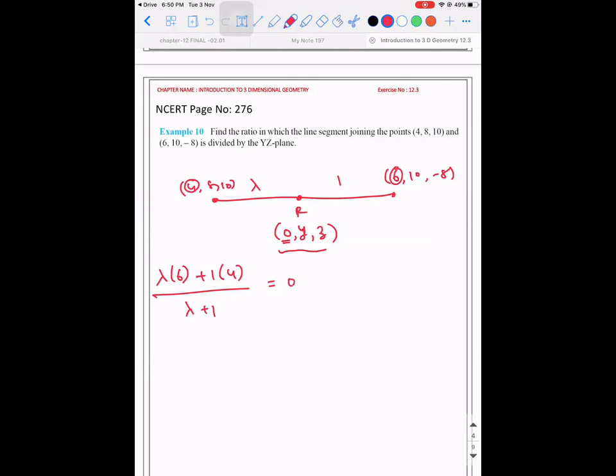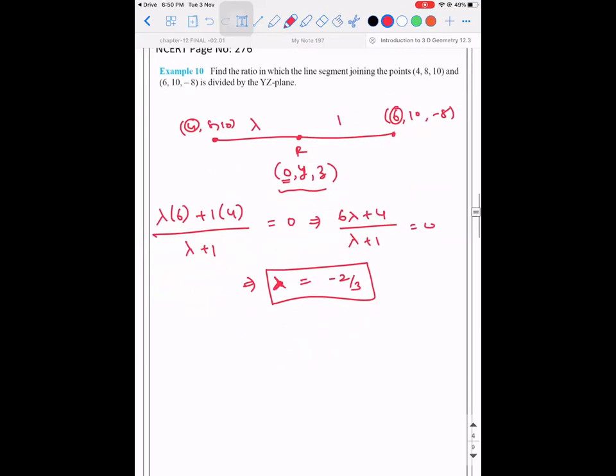0. Did you guys understand this? Which implies 6 lambda plus 4 plus lambda plus 1 is 0, which implies lambda is equal to minus 2 by 3. So the value of lambda in this case is minus 2 divided by 3.